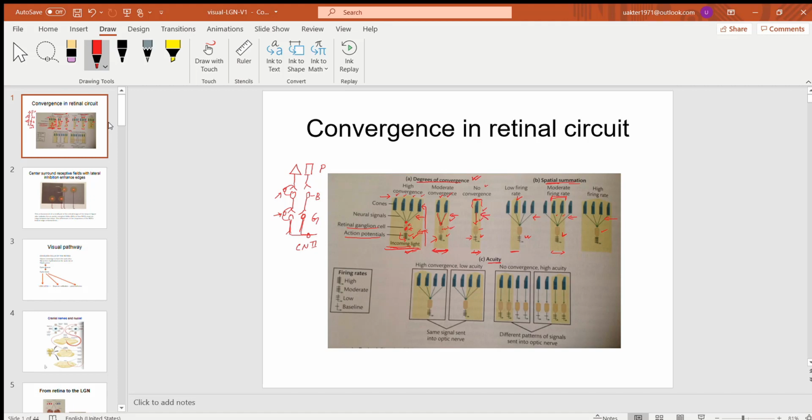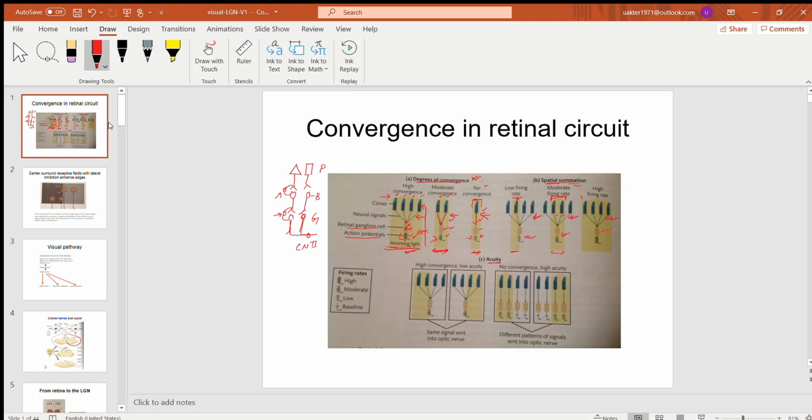So the response depends on the convergence, how many photoreceptors are giving signal to that ganglion cell. That is one. Here you see, although the same connectivity, the same amount of convergence, however the ganglion cell is being activated by the stimulus and the number of photoreceptors being activated. Makes sense?